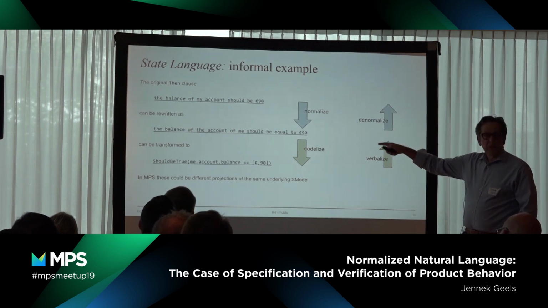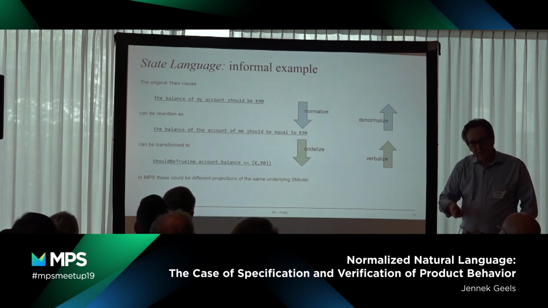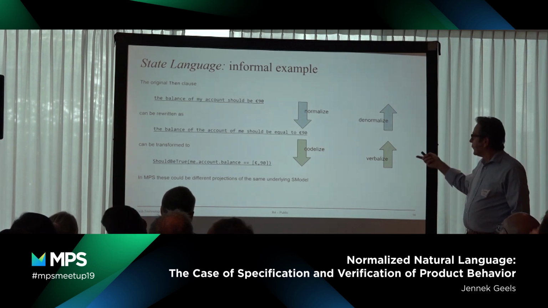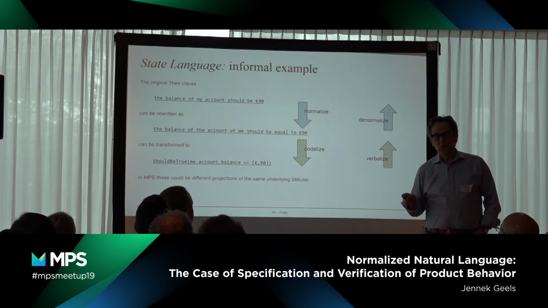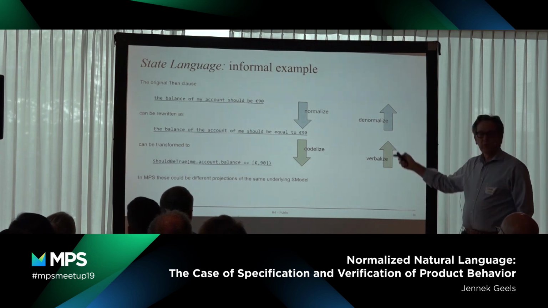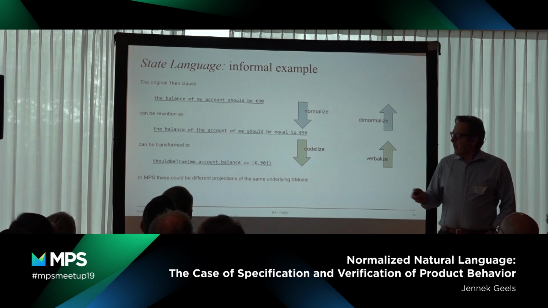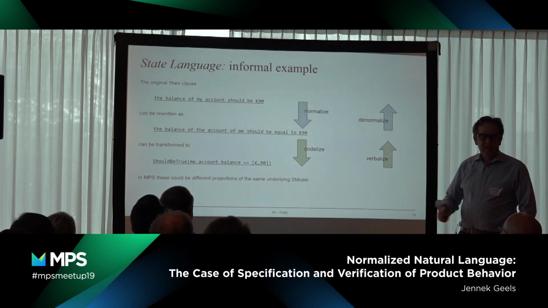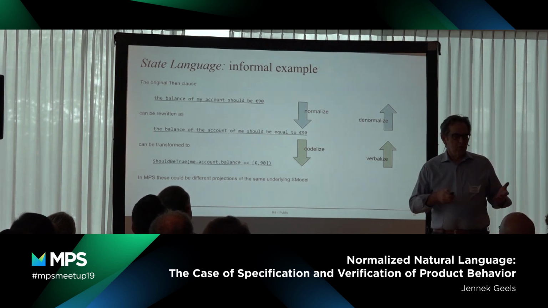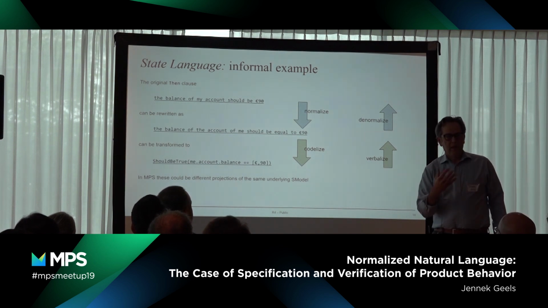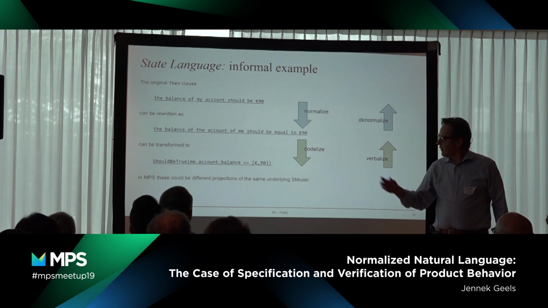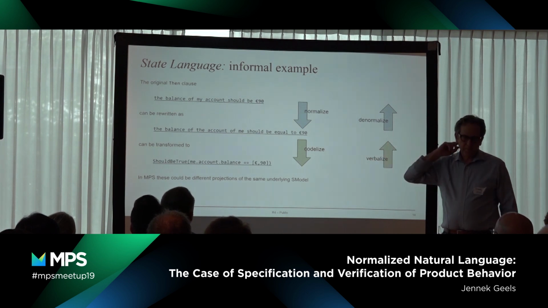Normalize means we bring it into a certain form, and I'll get to that later, so that you can easily transform it or see it as the equivalent in an isomorphic way to something that you could consider code. So I didn't put in transform, I just say codalize, because if you would look at how you would do this projection editing, you could actually think of a different projection on the same model.